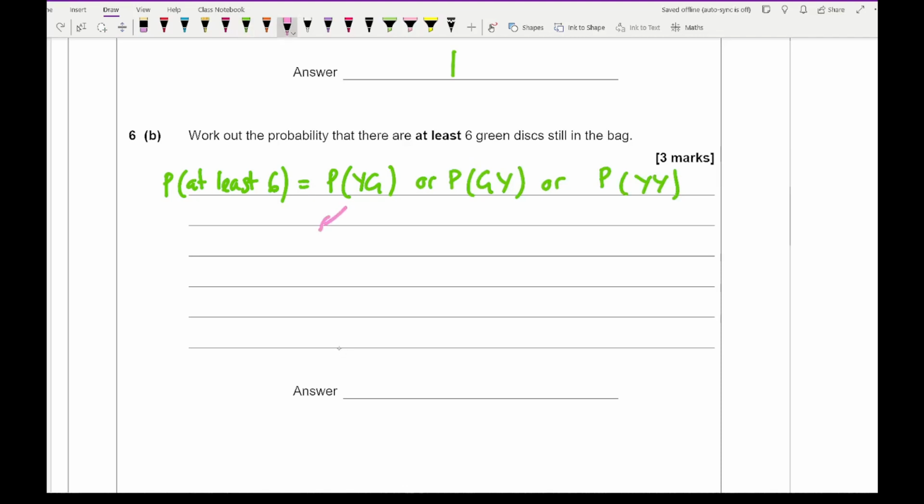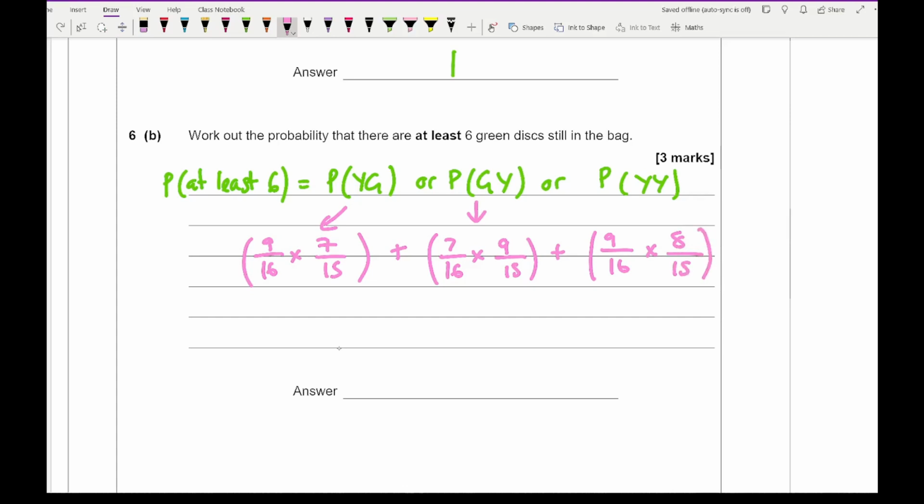So the probability is going to be 9 over 16 multiplied by 7 over 15, add the probability of green and yellow, 7 over 16 times 9 over 15, and then the probability of 2 yellows is 9 over 16 times 8 over 15.